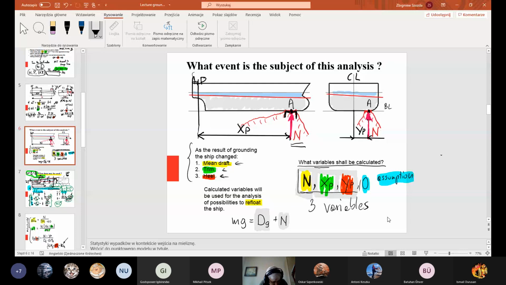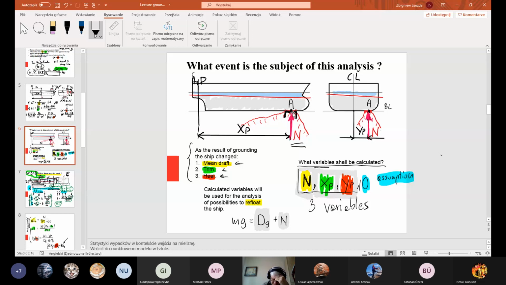And now the next assumption, hopefully the last one. We will take it that the force acting on the hull of our ship, the force acting vertically upwards, is a discharged weight.